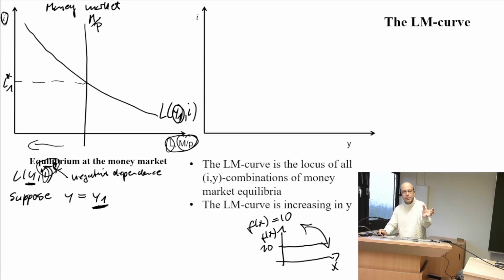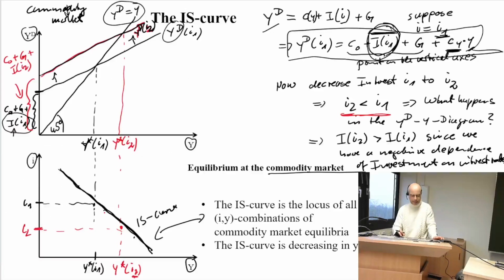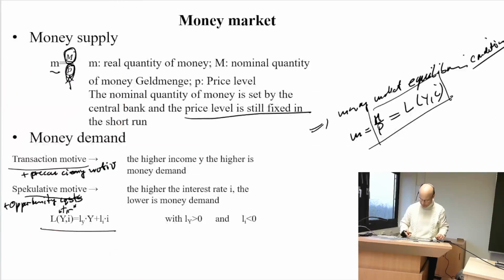So conceptually, this is the same argumentation as in the commodity market, but there we had the equilibrium income depending on our fixed interest rates. Now, the argumentation is the other way around.